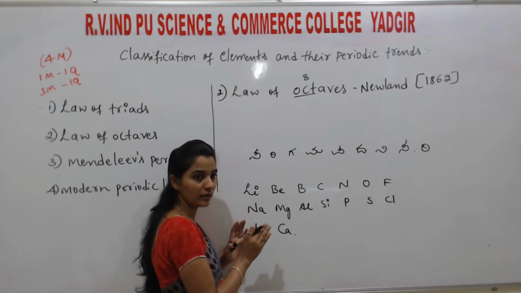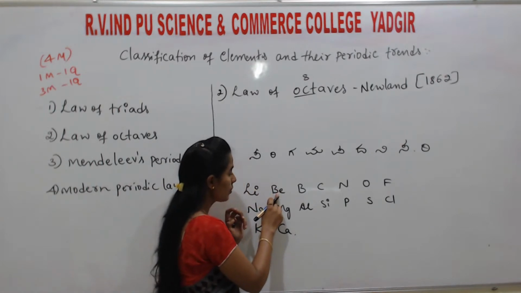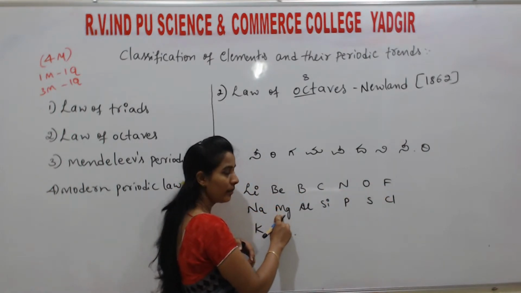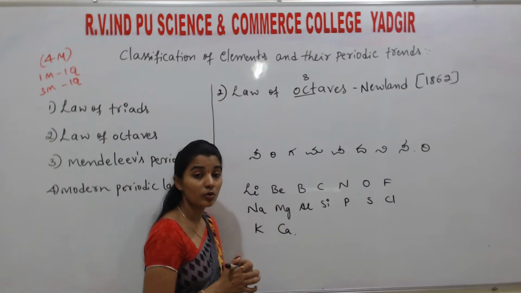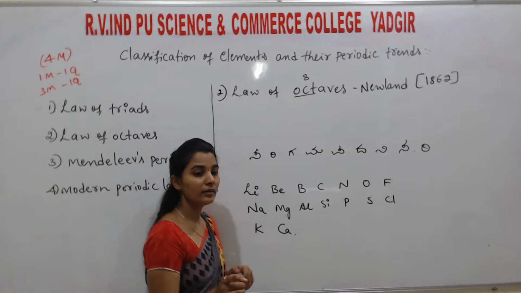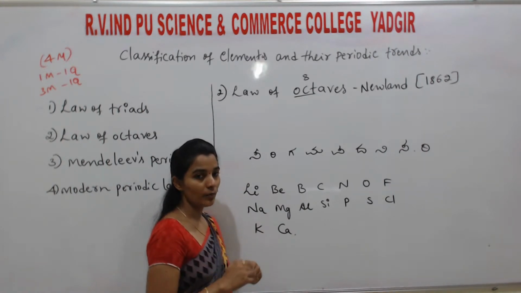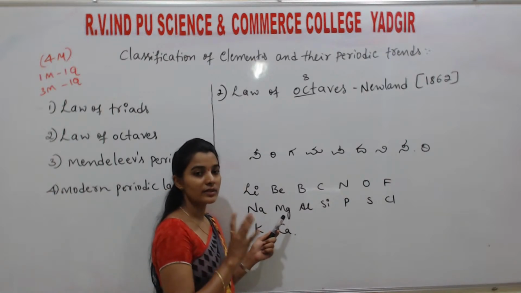These three are similar. If you consider this one as the first element, 1, 2, 3, 4, 5, 6, 7, 8, the 8th element exactly comes below the first element. That tells us the first and 8th element are always the same in their physical and chemical properties, or the 8th element resembles the first element.